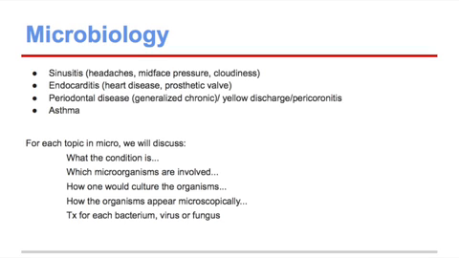And asthma. For each topic in microbiology, we will discuss what the condition is, which microorganisms are involved, how one would culture the organisms, how the organisms appear microscopically, and the treatment for each bacterium, virus, or fungus.